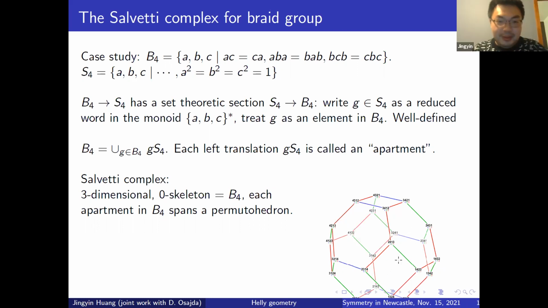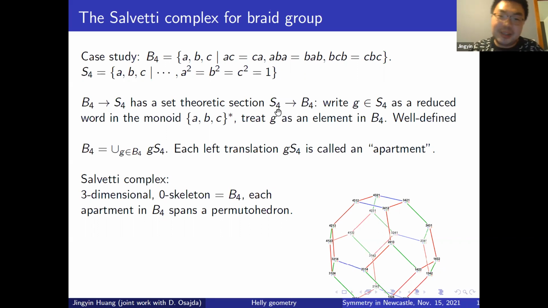Now let's go back to the set-theoretical map from S4 to B4. This set-theoretical map can also be extended to a map from the Cayley graph of S4 to the Cayley graph of B4. You can even extend a little more, to the Cayley complex of S4 to the Cayley complex of B4.